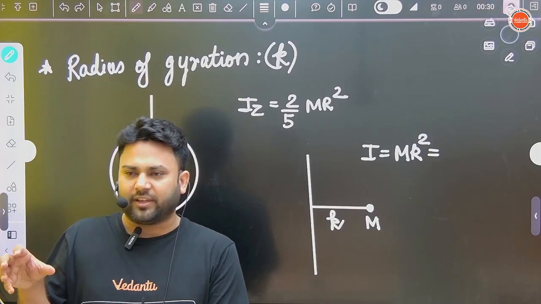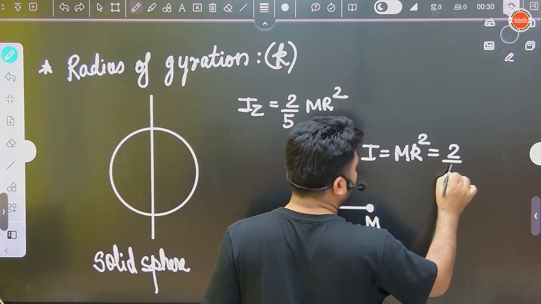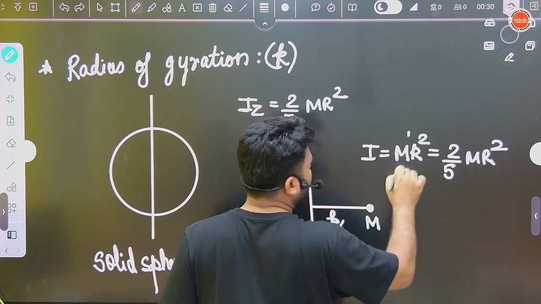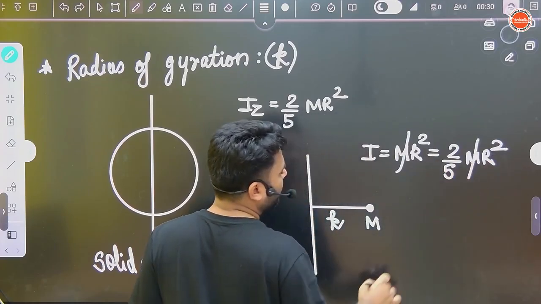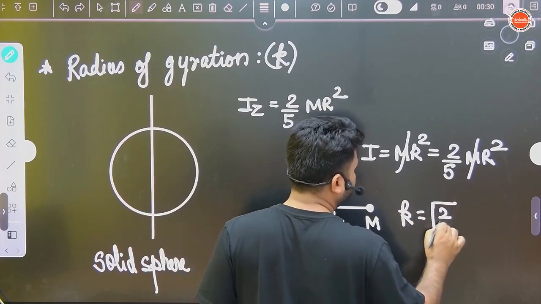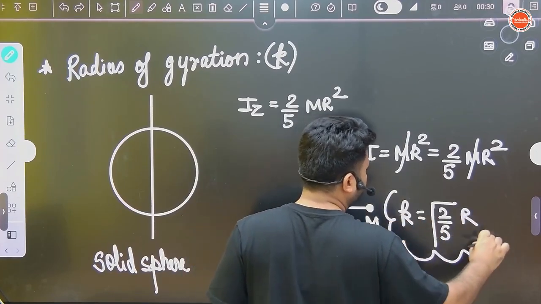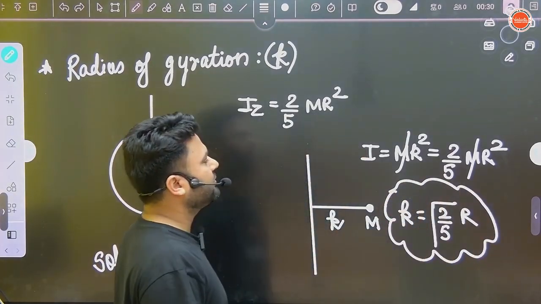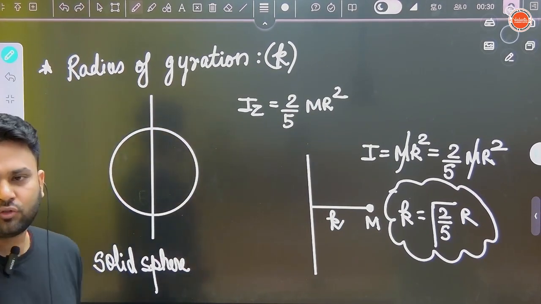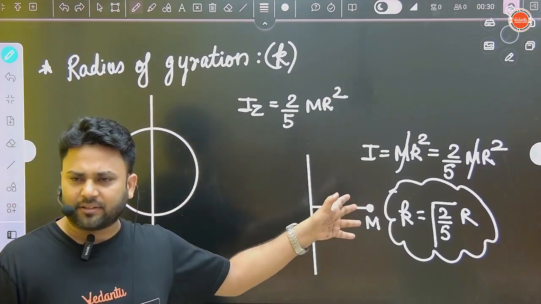So moment of inertia equals 2 by 5 mr square. So m cancels, and the k value will come as root 2 by 5 r. So this is the radius of gyration of a solid sphere, root 2 by 5 r. Very easy, you don't have to complicate it that much.